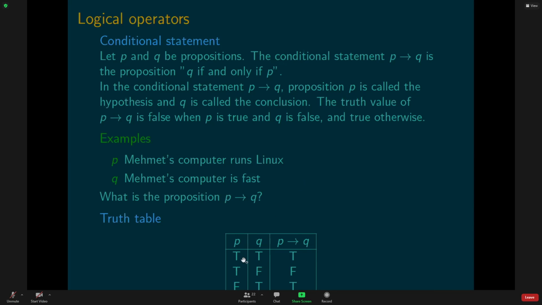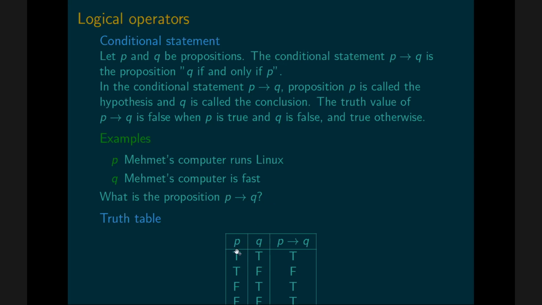So the conditional statement is true when the hypothesis is true and the conclusion is true, or when the hypothesis is false, and it's only false if the hypothesis is true but the conclusion is false. Okay?